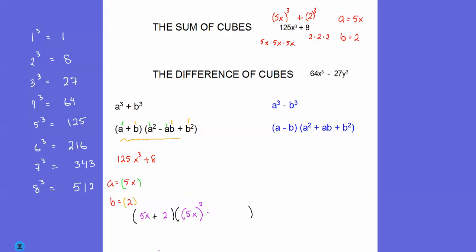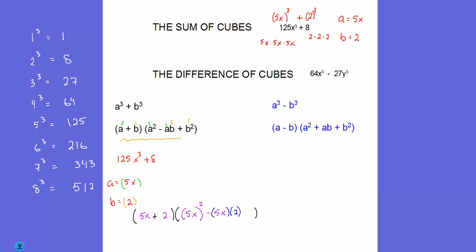Then I will have, need some more space, a little bit more parentheses. I will have the a, which is going to be 5x, and that's going to be multiplied by the value of b, which is going to be 2. Notice I'm using parentheses for the multiplication.